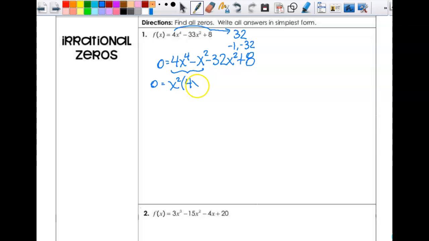That leaves me with 4x squared minus 1. And then a minus 8 leaves me with 4x squared minus 1. So then 0 equals x squared minus 8 times 4x squared minus 1.